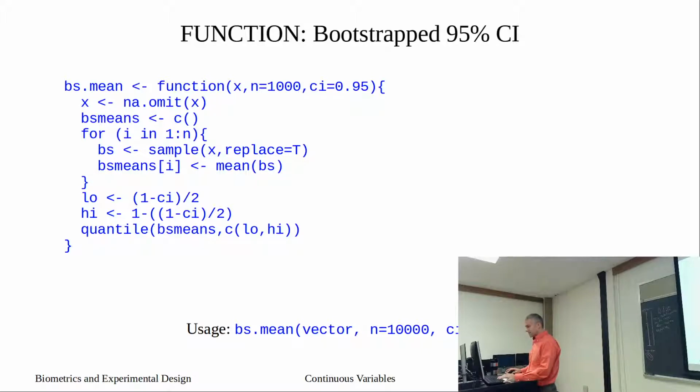And then don't forget, after you get it in there, run that function. Run it so that it creates the function bs.mean. And then when you're done with that, make sure you read in your mosquito fish data set, because then we will do our bootstrapping on all of those ponds.